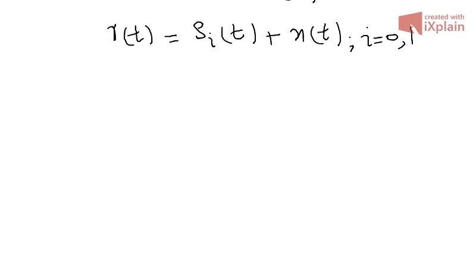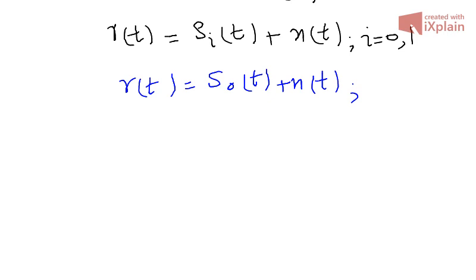So it means that our received signal is either S0 of t plus n of t, or it is S1 of t plus n of t. So your signal is either S0 of t plus n of t. Keep in mind this is for t in this interval 0 to tb, right?